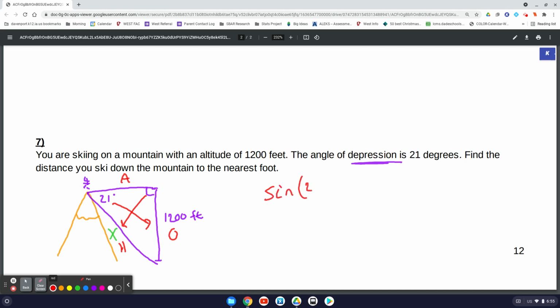So sine of our angle equals O over H, or in this case, 12,000 over X. We have a fraction, don't like it, multiply both sides by the bottom. So we have X times sine of 21 equals 12,000.